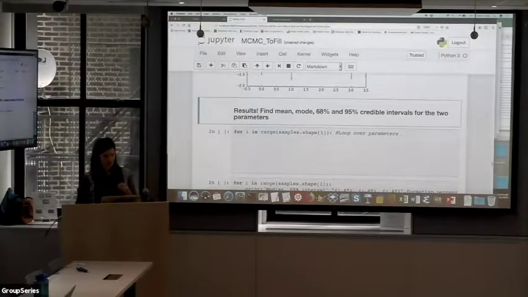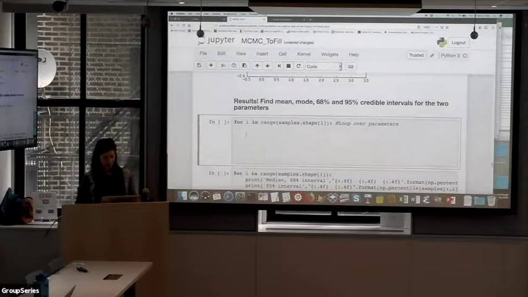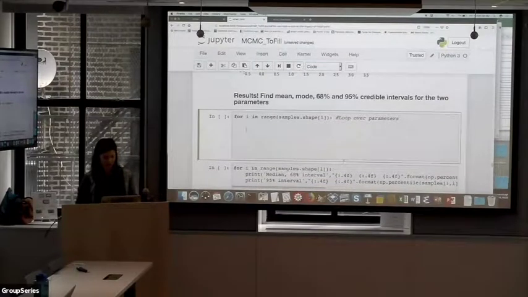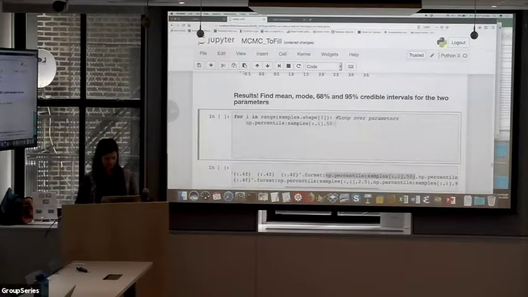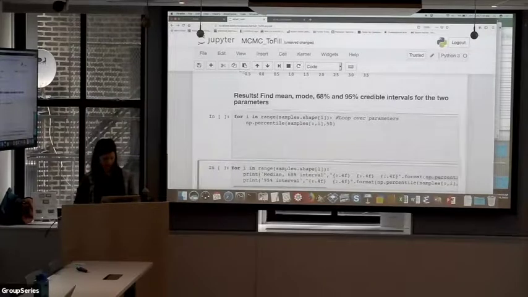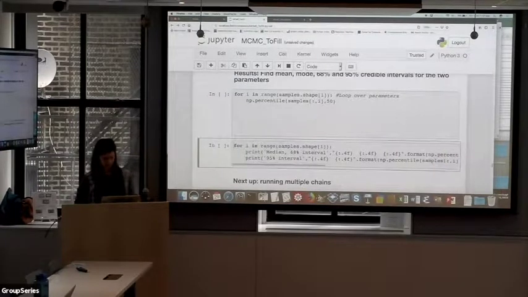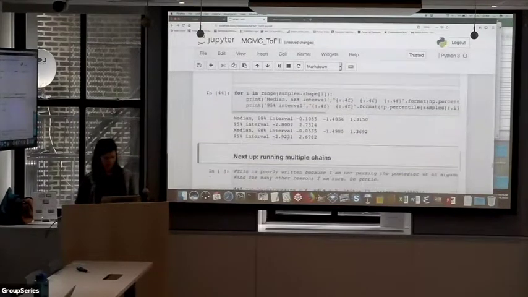And then when you want to find things like the mean, the mode, the credible intervals, all you have to do is look at things like this, for the 2 parameters.